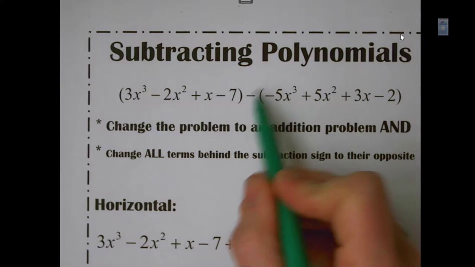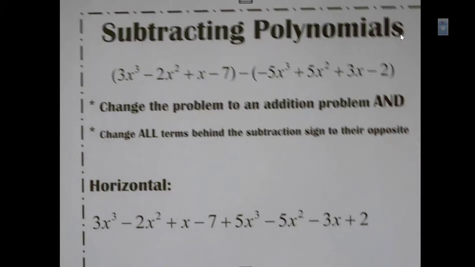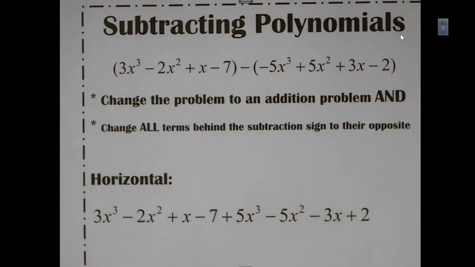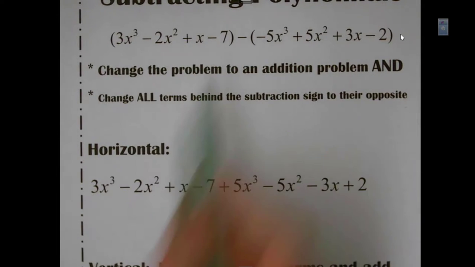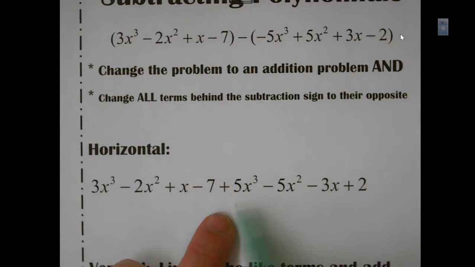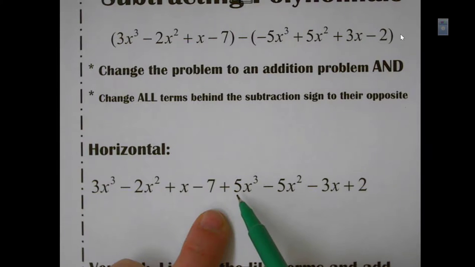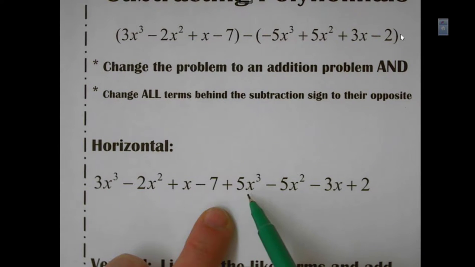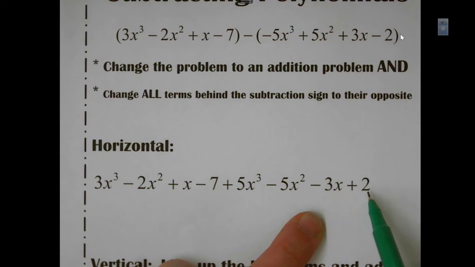And anything times -1 is its opposite. So notice if I work the problem out horizontally, my first polynomial didn't change a thing. The second polynomial, as I wrote it down, I changed every term to its opposite. Plus 5x cubed minus 5x squared minus 3x plus 2.